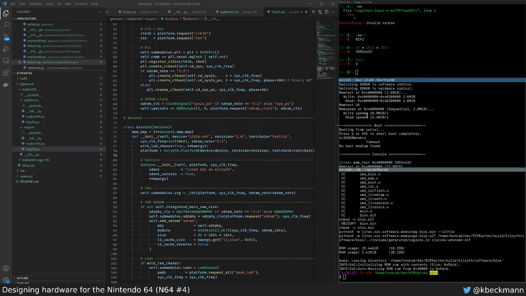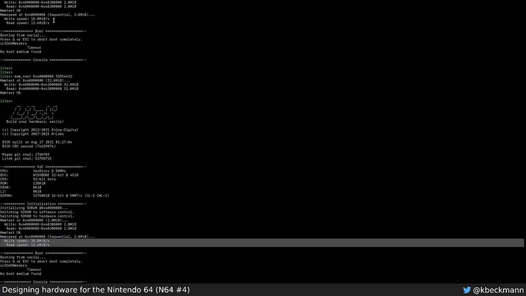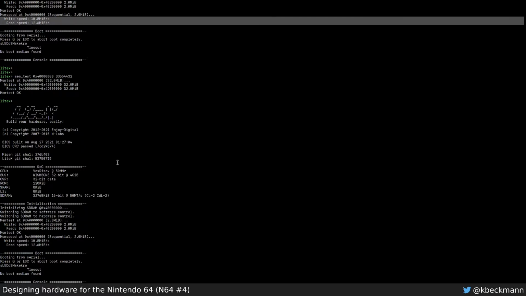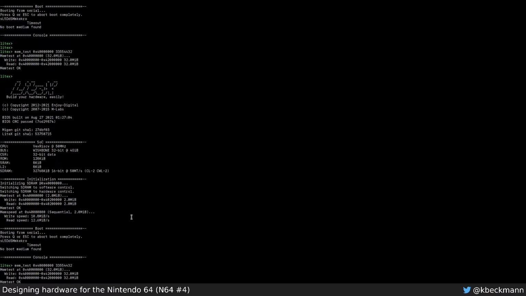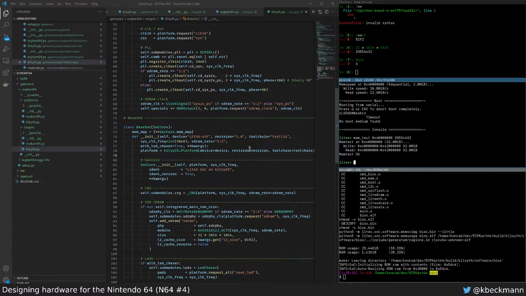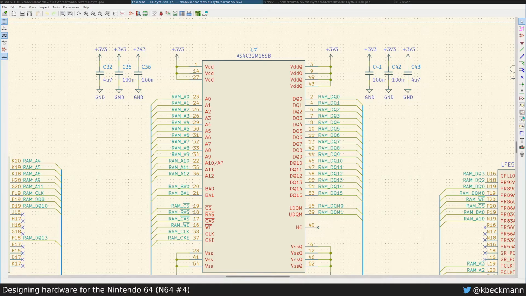So we got the write and read speed here. That is exactly the same as before. Kind of weird. Maybe it's the CPU that's simply slow. I don't know. Because the CPU is running at 50 megahertz and the bus is 16 bits.